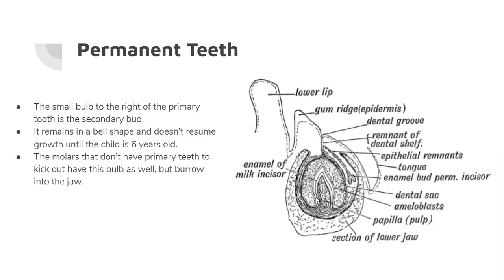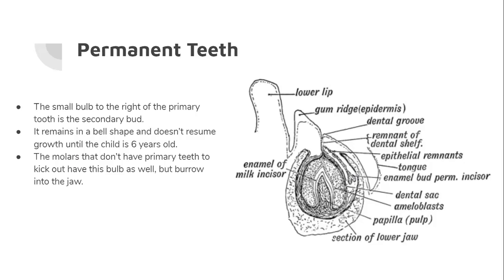Your little kid teeth start to erupt around 18 months to 2 years, and then you start getting all your baby teeth in. Then you have these secondary buds around 6 to 8 years old. It depends on some people; it takes until they're 13 to get all of their baby teeth gone.